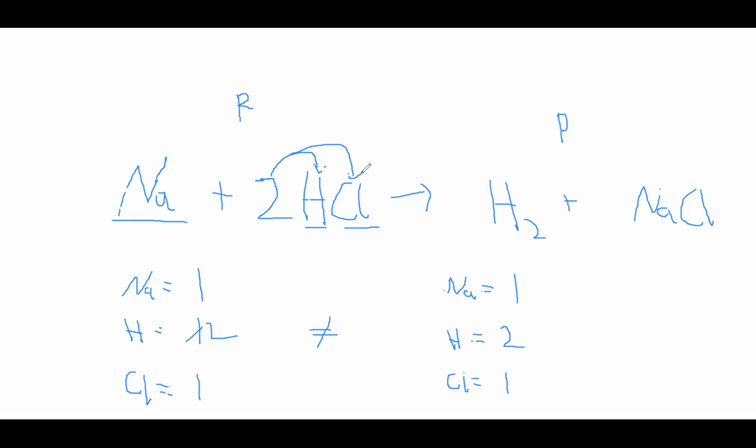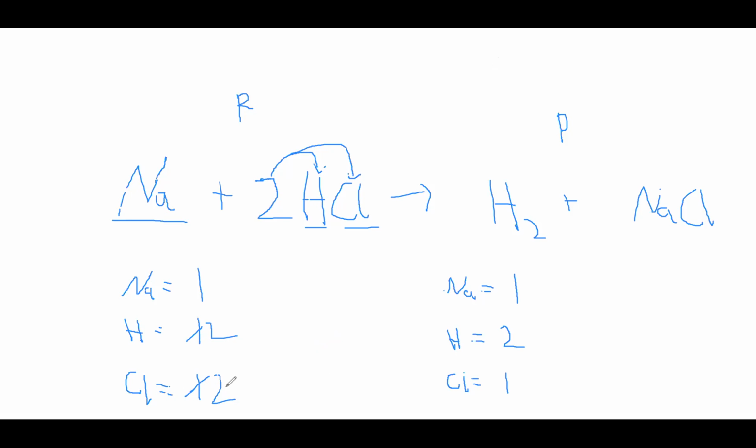But putting that 2 there gives us not 1, but 2 Cl's as well. So now our H's are balanced. That's what we're trying to do.